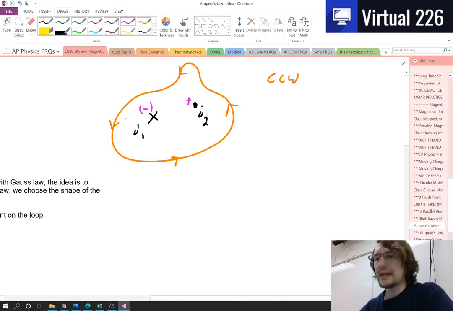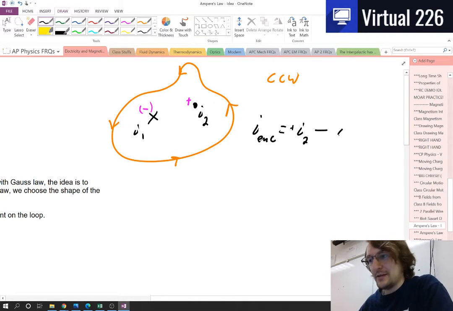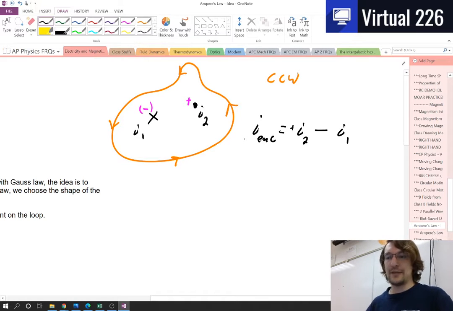I can designate that the current enclosed in the Amperian loop is just all the currents added together. In this case, it'd be I2 positive plus negative I1. That is the enclosed current.